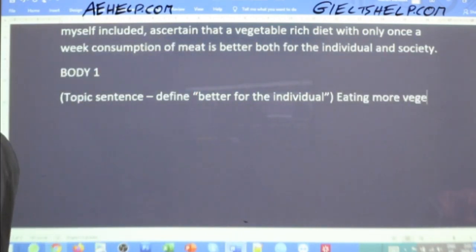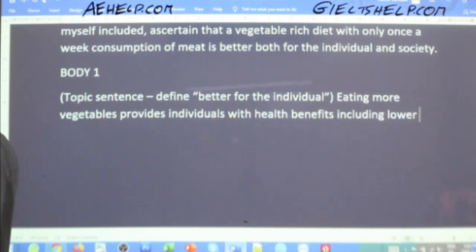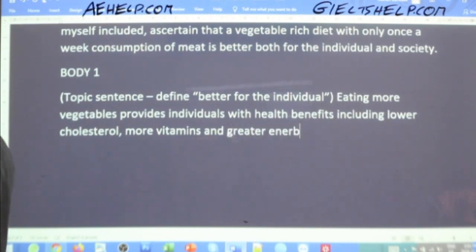Eating more vegetables provides individuals with health benefits, including lower cholesterol, more vitamins, and greater energy.